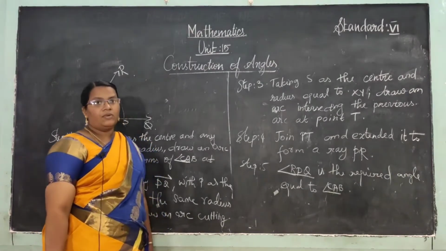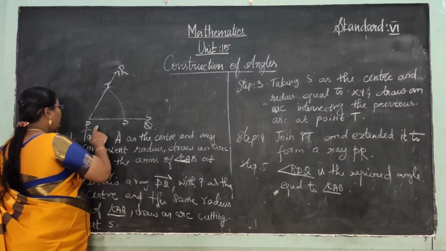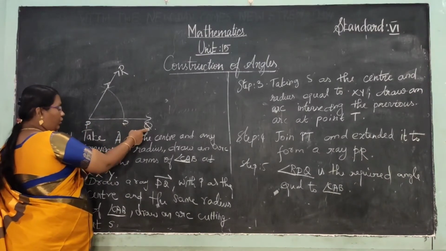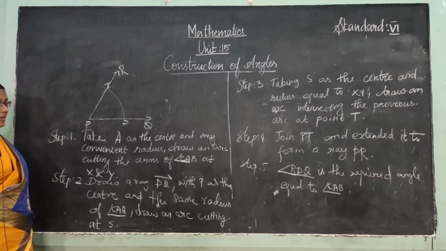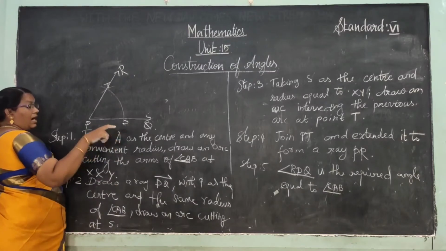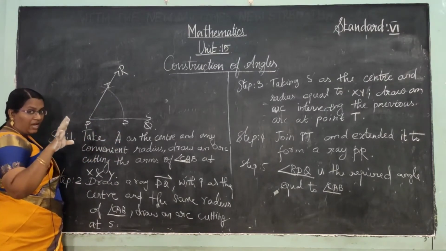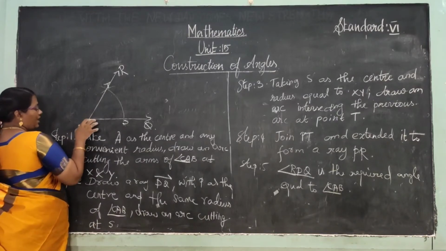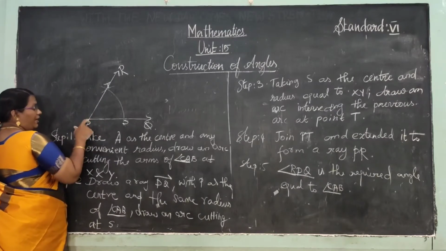The same procedure we follow for the next angle. First we draw PQ. Then we take a convenient radius, and the same measurement is followed for this. With center P, draw the arc.